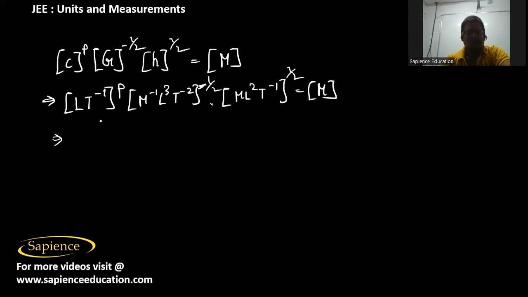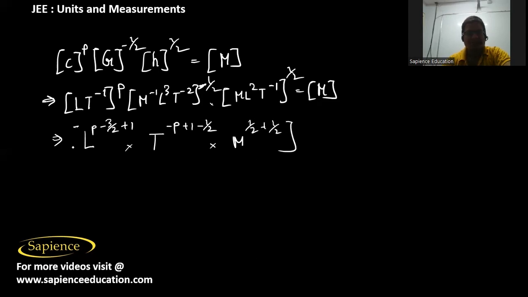So therefore it will be L power (p minus 3 by 2 plus 1) and into T power (minus p plus 1), then minus half into M power (half plus half), that is equal to M.